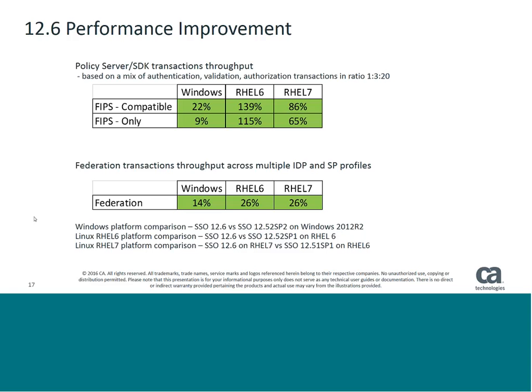But when you take a look at them, one of the things that we feel very confident about is that you will see performance improvements if you're running on Windows or Red Hat, if you're using Federation, and if you're on Red Hat 6, which appears to be the place where the greatest performance improvement was achieved.